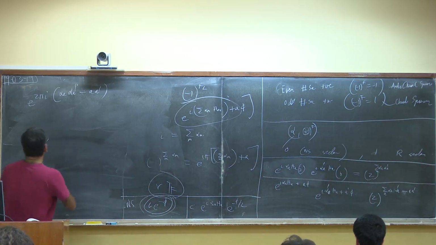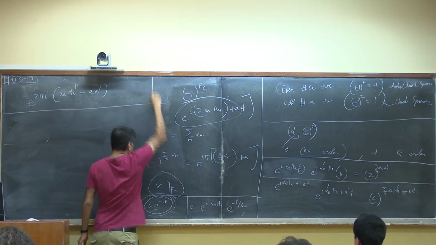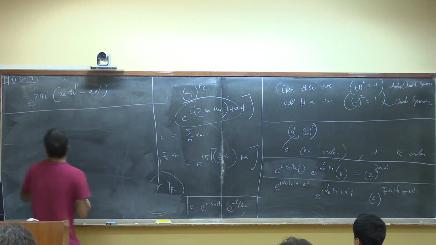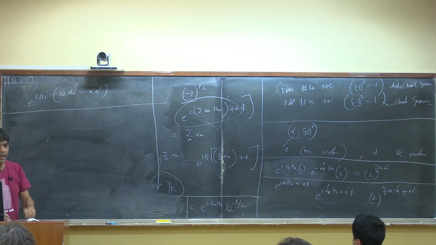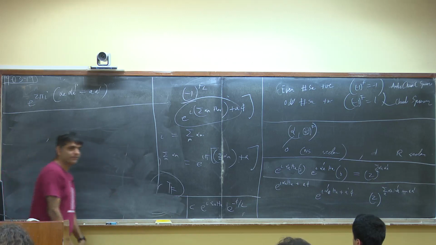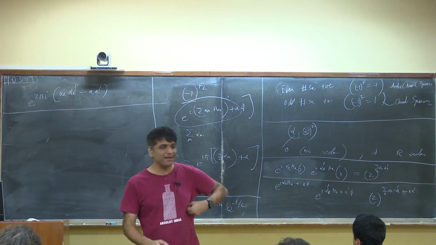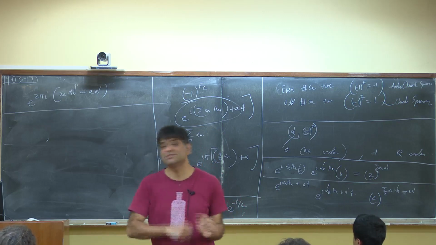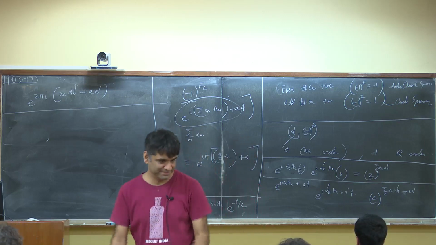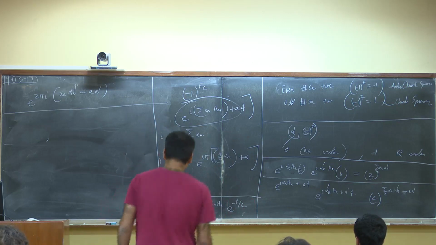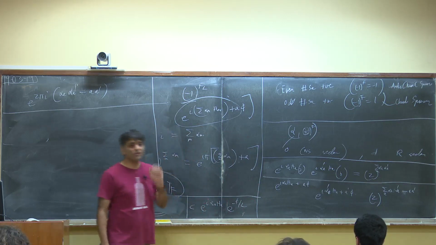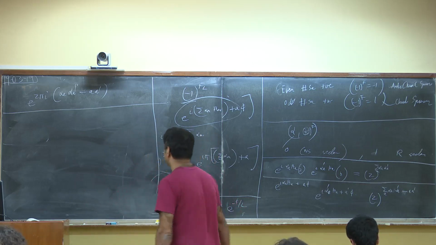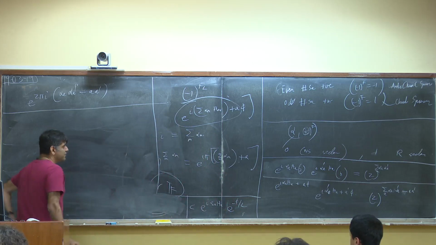Okay. Now I want to give you a rule. I want to show you that this object here actually only cares about whether the two operators were in the Ramond sector or Neveu-Schwarz sector, and whether they had plus or minus fermion number. Let us first take the case where both operators were in the NS sector.